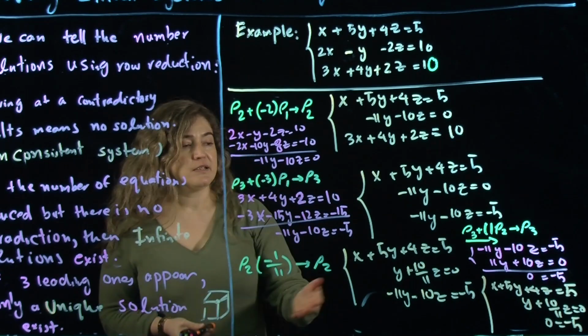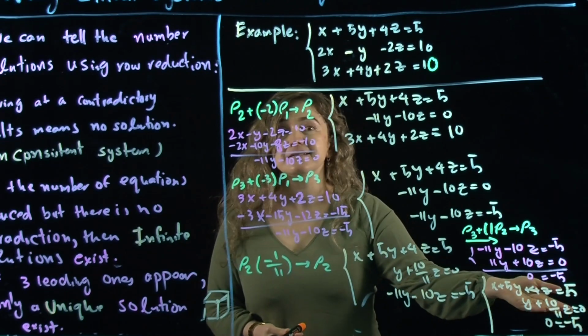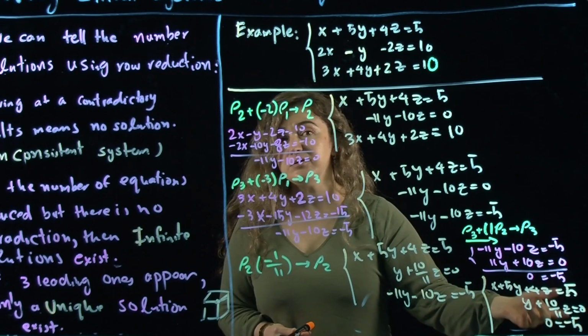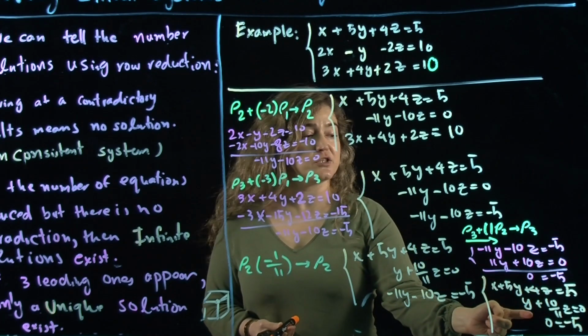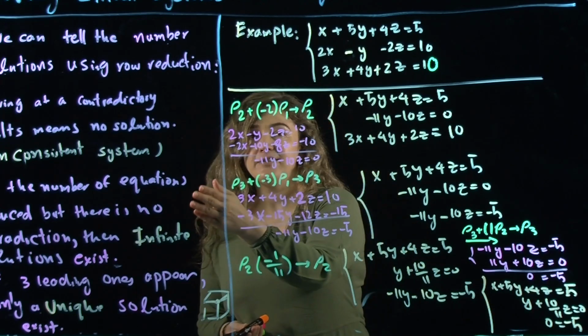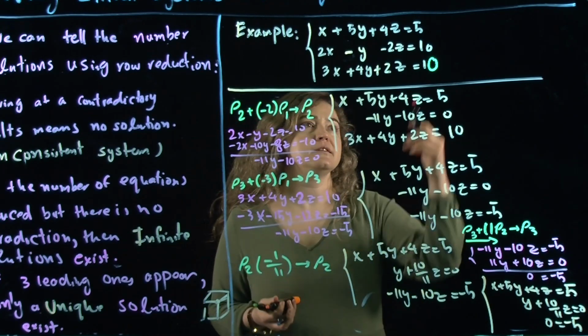At this point, I look at my equation. The very last equation is a contradictory statement. 0 is never equal to -5. So this is a contradiction. Therefore, the system cannot have a solution. This is an inconsistent system.